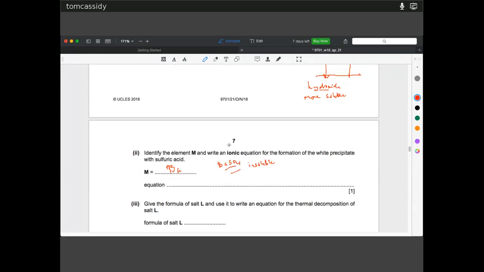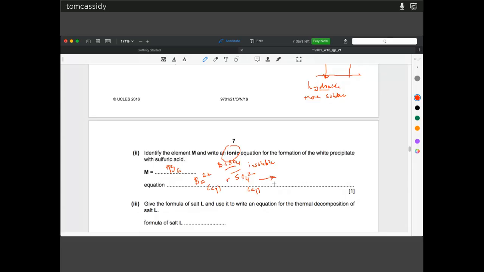It's an ionic equation, so we're going to miss out the spectator ions and just include the ions that are reacting here. And we had the barium ions. We know it's group 2, and we know when we started off that they were in solution. Yes? And we're reacting it with sulfate anions. They're in solution as well.